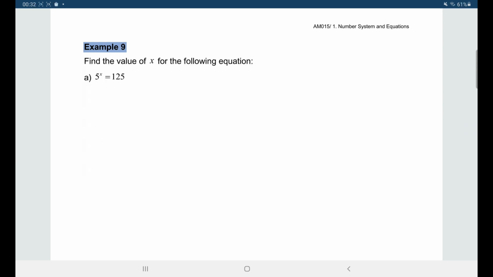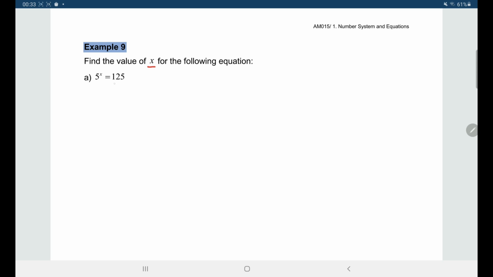Example 9. Find the value of x for the following equation. A, 5 power of x equals to 125. First, we look at the question. We have two terms, so we use comparison on both sides.